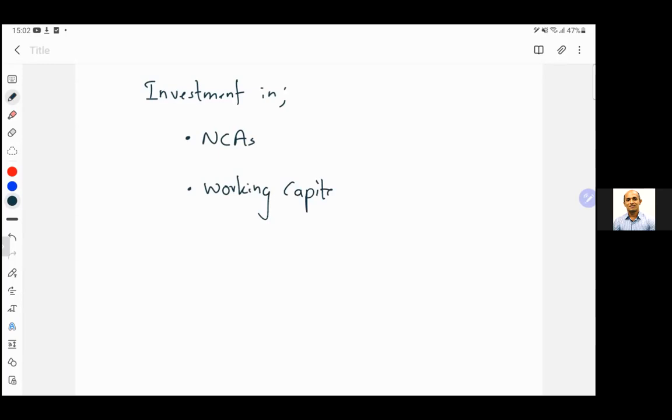You know about working capital because you have studied it in financial management. When investing in working capital, you find current assets and current liabilities.